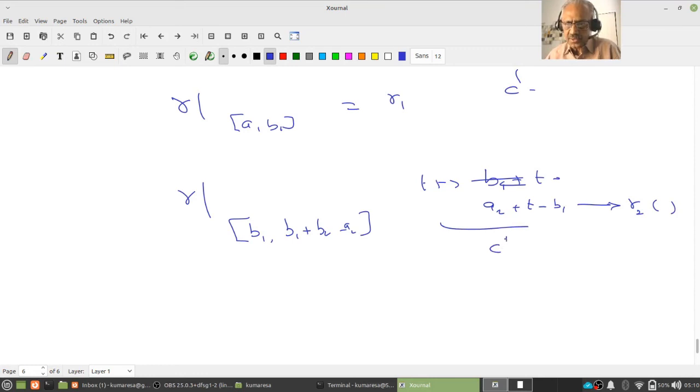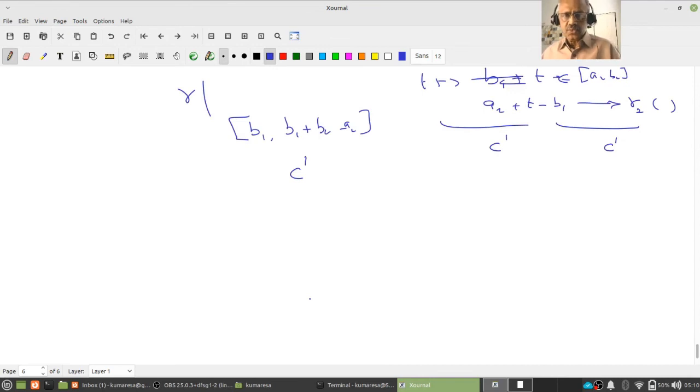Therefore, it's C1, and this map is C1 because where does it land? This lands in a2 b2, right? Therefore, this is again C1. Therefore, this is also C1. Have you understood? So what I have shown now is that gamma is a path, that is a piecewise C1 path.